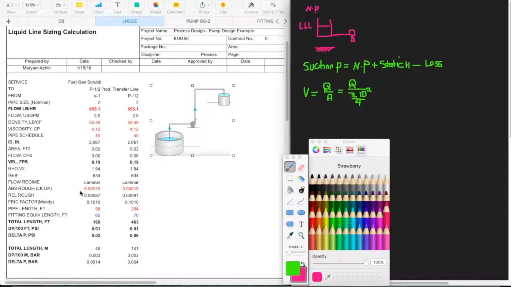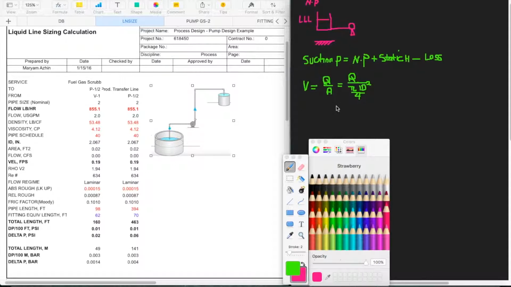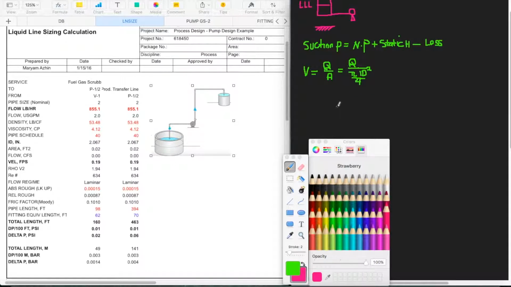Then after we figure out the flow rate, we can calculate the Reynolds number. How can we calculate the Reynolds number?